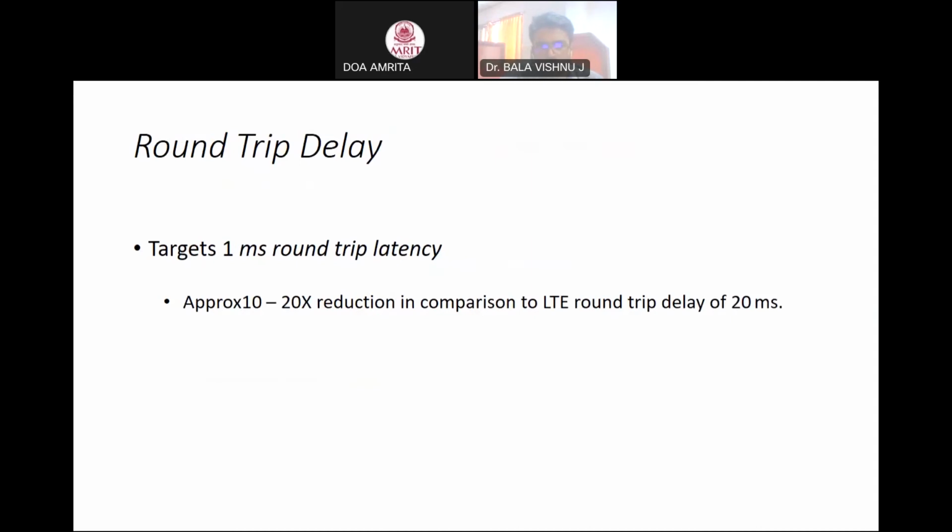And the next key specification is with respect to the round trip delay, or what we call latency. In existing LTE, we have a round trip delay of about 10 to 20 milliseconds for transmission, and the acknowledgement from the receiver takes about 20 milliseconds.